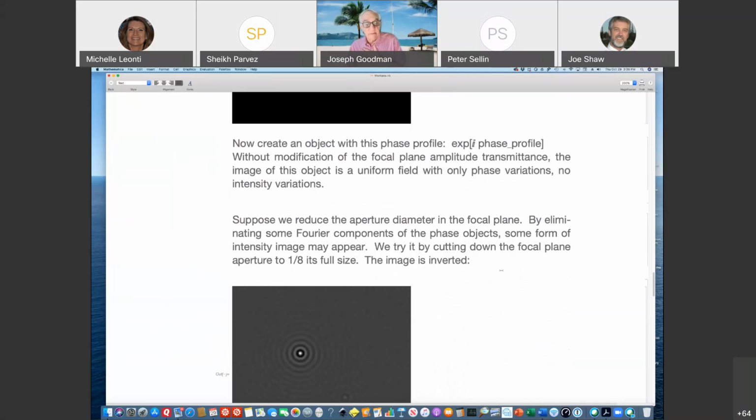The first thing that might come to mind is, well, let's put an aperture in the focal plane to cut down on the number of Fourier components that are passed. If we take this phase object and cut off part of its spectrum, perhaps it will become somewhat visible. So here in these examples, I have an aperture that's 1/8 of its full size. If it were its full size, we would see nothing.